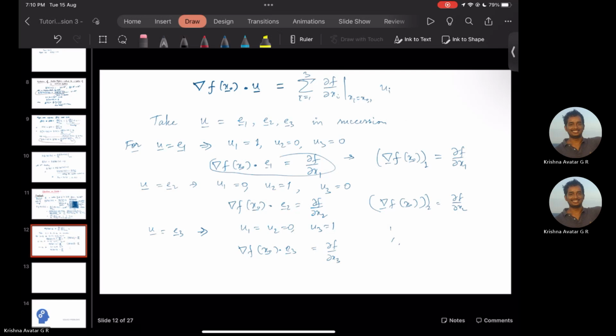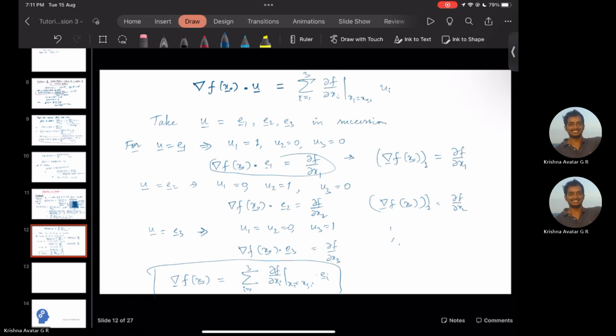So you can clearly say that when we express it in terms of its indicial notation, we'll have at x naught vector nothing but summation of partial f by partial xi at xi equal to x naught i into ei vector.